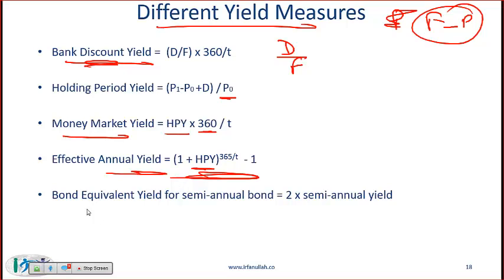And then some people have issues with the bond equivalent yield. So just remember the statement that the bond equivalent yield for a semi-annual bond is 2 times the semi-annual yield. So you take each period as a 6-month period here, find the effective yield for that 6-month period, and then double.